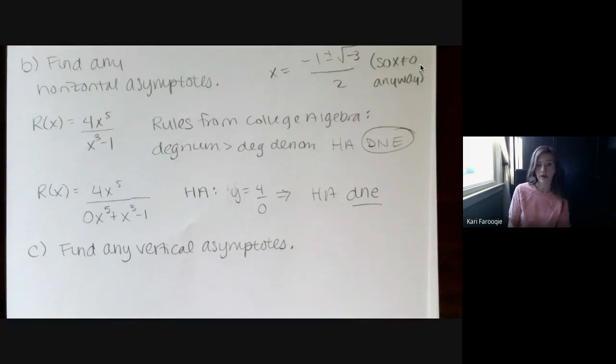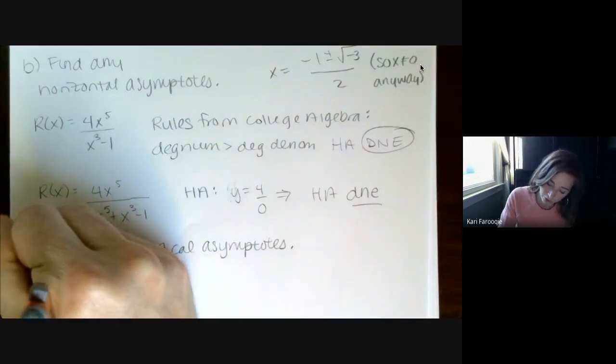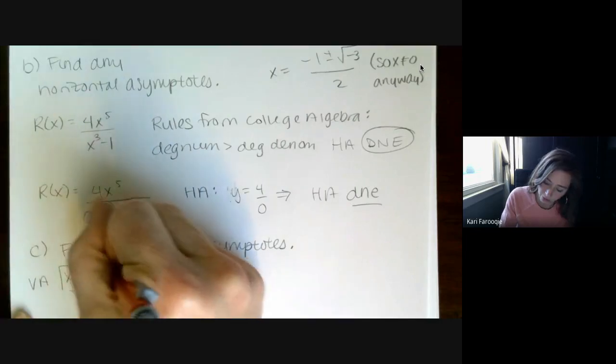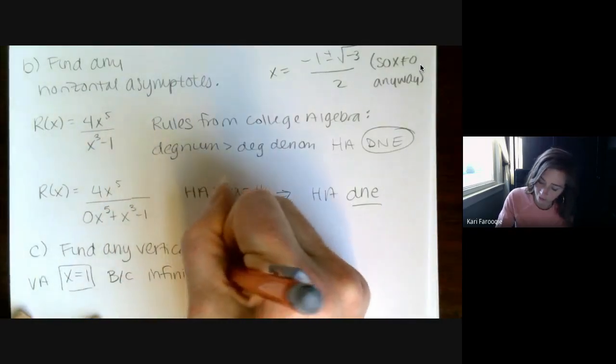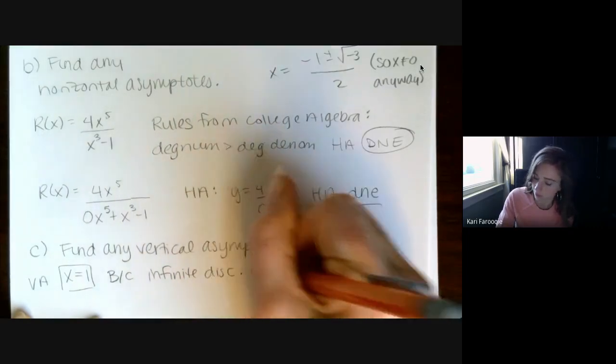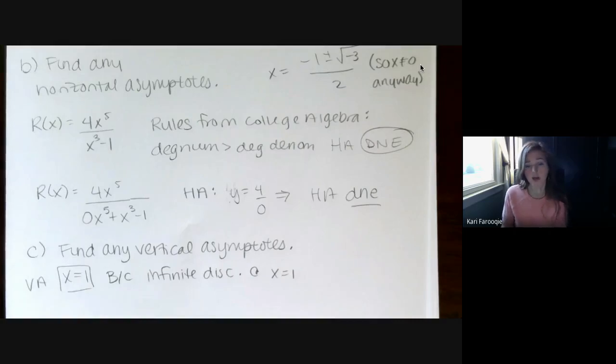Therefore, we can say that x equals 1 is a vertical asymptote. And we can only say that because the discontinuity is infinite. X equals 1 would be a vertical asymptote because there's an infinite discontinuity at x equals 1.